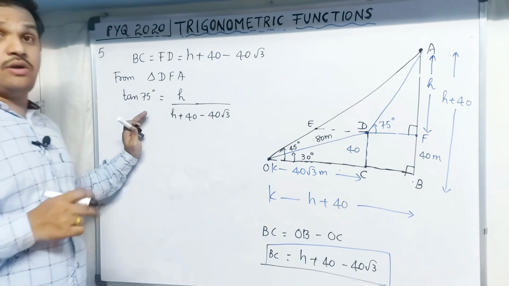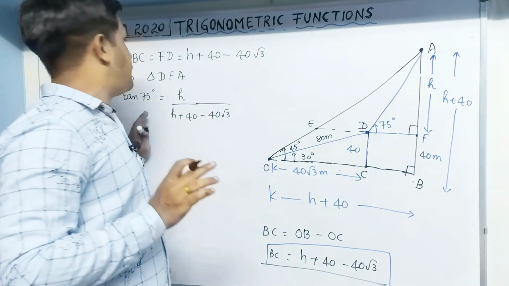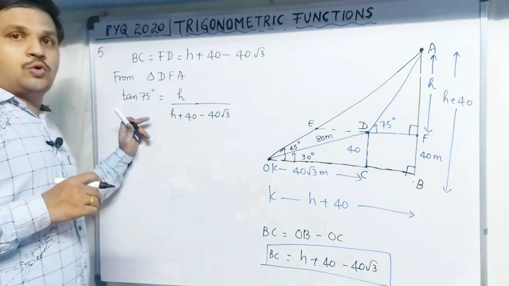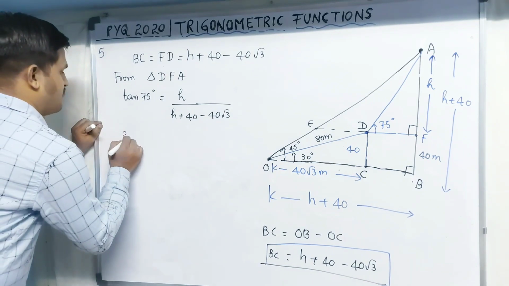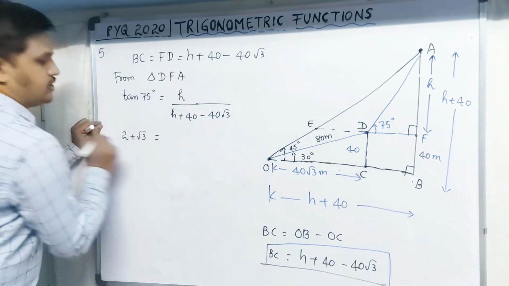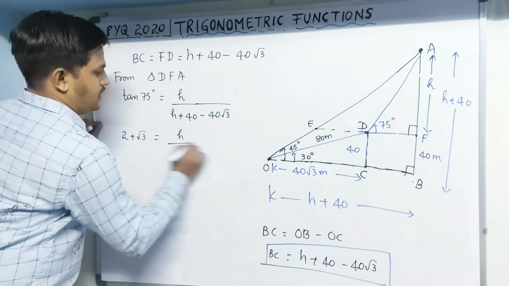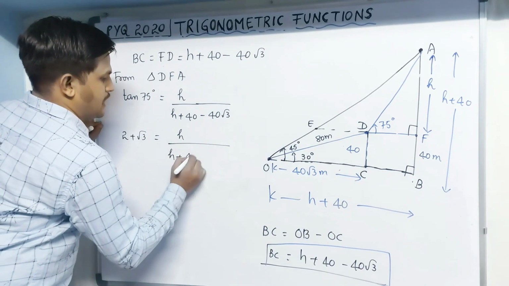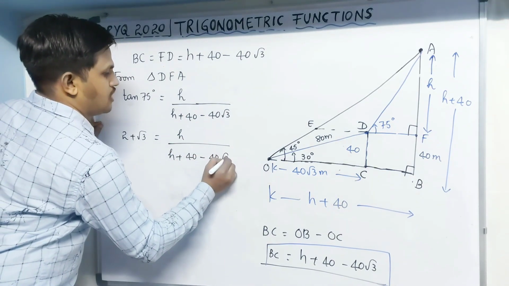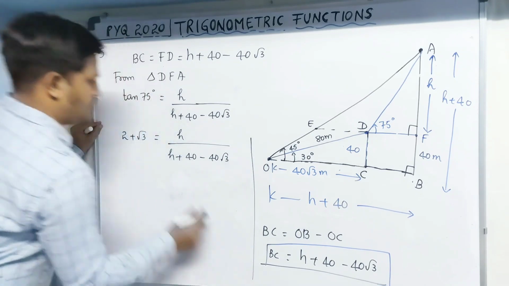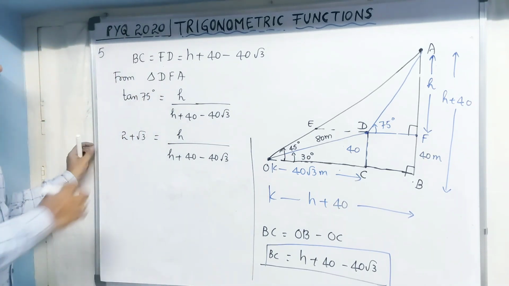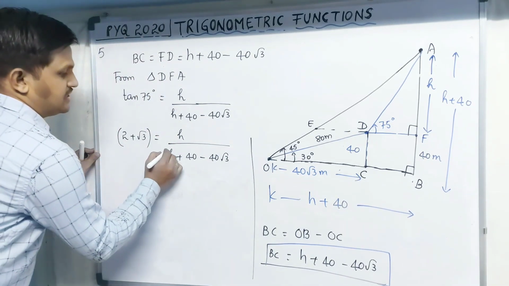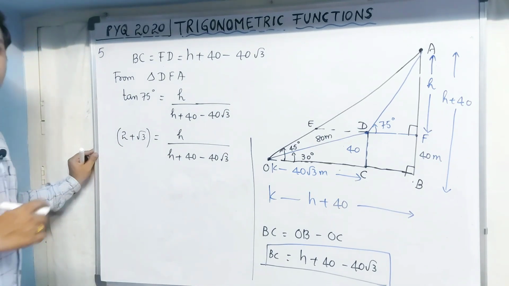Now you should know the value of tan 75 degree. So tan 75 degree is 2 plus root 3 after the simplification of it. So this you should know. So h divided by h plus 40 minus 40 root 3. Now simplify it. You need to simplify it. So put the terms which are in the denominator, shift it to the left hand side.